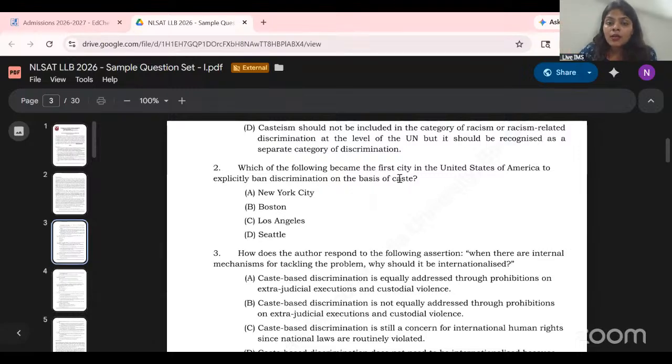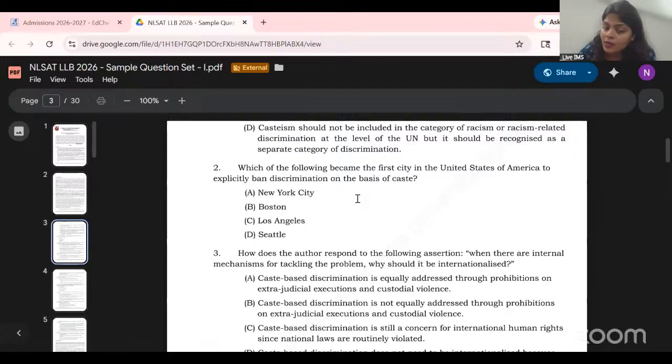Since it is talking about caste-based discrimination, if you read around it, you will see that it was Seattle that became the first city in the USA to ban caste-based discrimination. It happened in 2023.